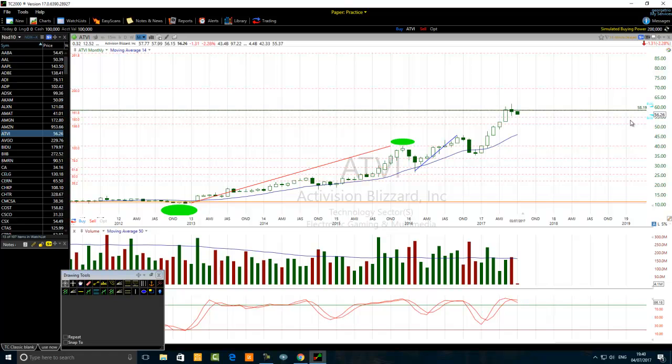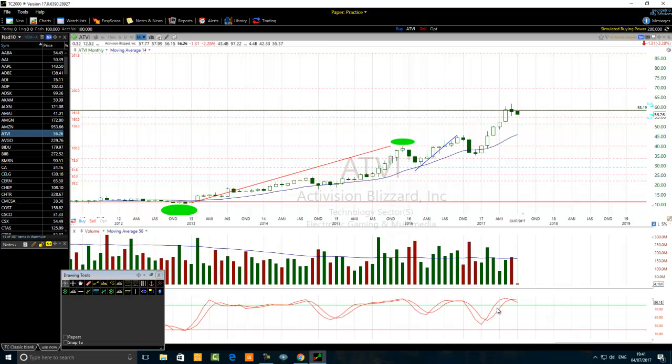So at this junction where the price is now at $58.19, talking about Activision Blizzard Incorporation, an American stock that belongs to the NASDAQ 100, ATVI, Alpha Tango Victor India, alright. The price at the 161.8% Fibonacci extension level, bullish signal above, bearish signal below.